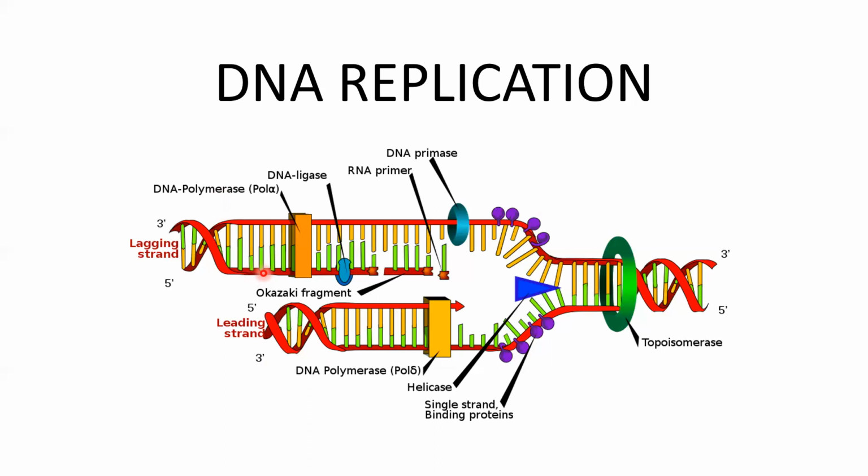All it has to do is, an RNA primer comes over here, and all of this happens during the S phase, remember? So the S phase gathers all these nucleotides into the cell, and it also gathers this RNA primer. So it attaches the RNA primer set over here, and then an enzyme called DNA primase comes in. DNA primase forms the first few bonds of the primer and the nucleotides and lets the DNA polymerase continue the chain.